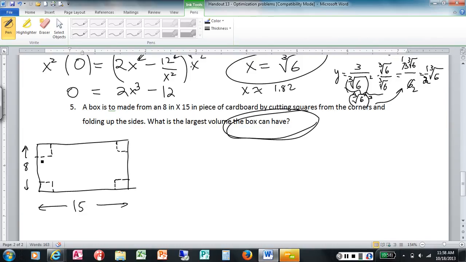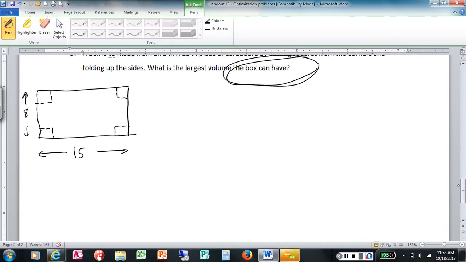And then folding up, so we get rid of these, and then we fold up the sides. So we'll have this, this, this, and this. So we'll remove these corners here, and then so that sets up something you can fold to make into a box. Okay? So we'll fold it up along these marks here. So we'll wind up with a box pretty much like number 4, right? Like we had number 4.